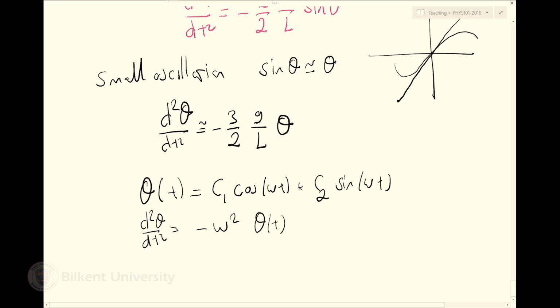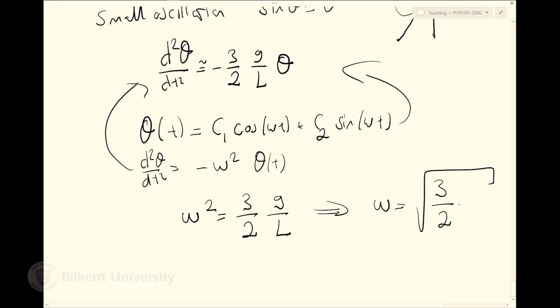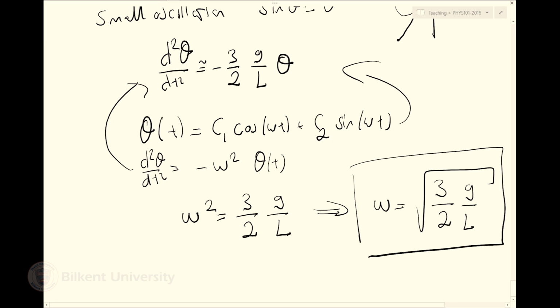That's what sine and cosine functions enable me to write. And if I plug these into my differential equation, I find omega squared is 3/2 g over L, or omega is the square root of 3/2 g over L. Okay?